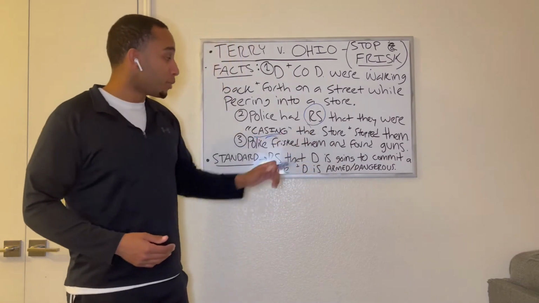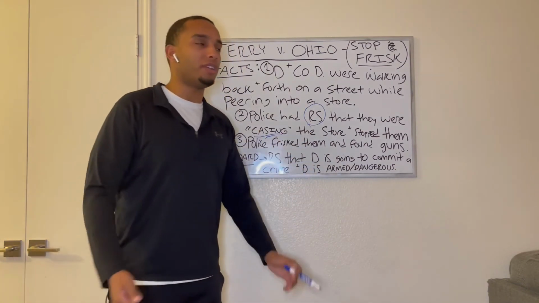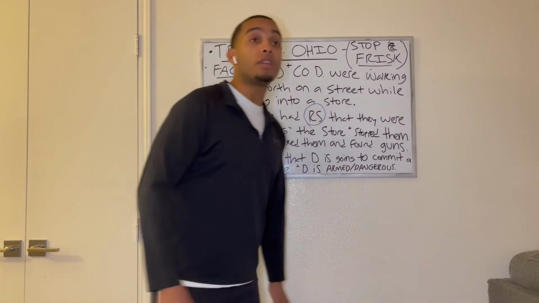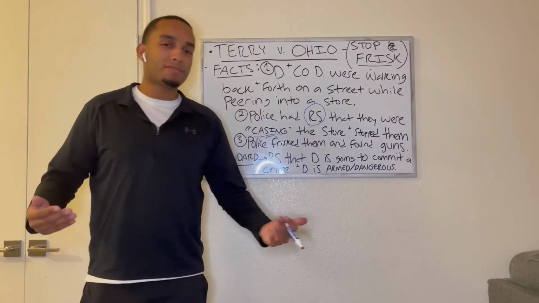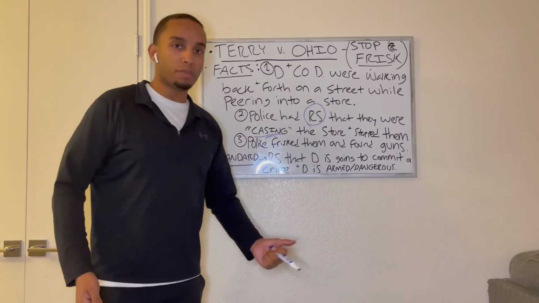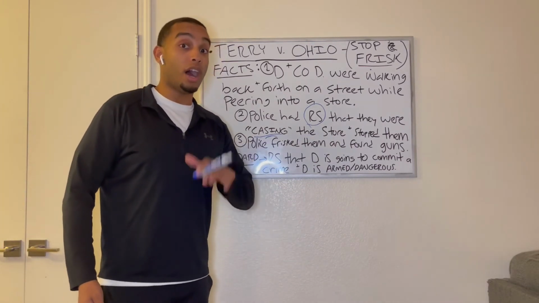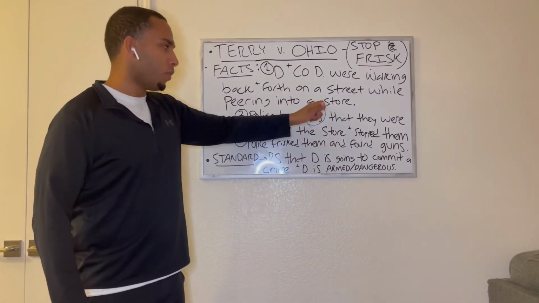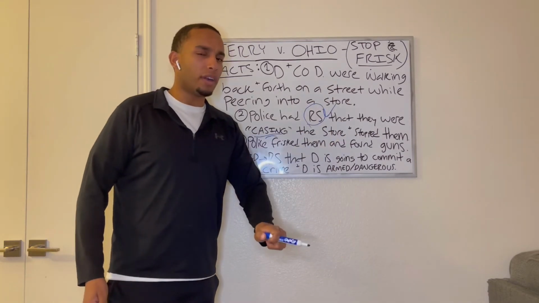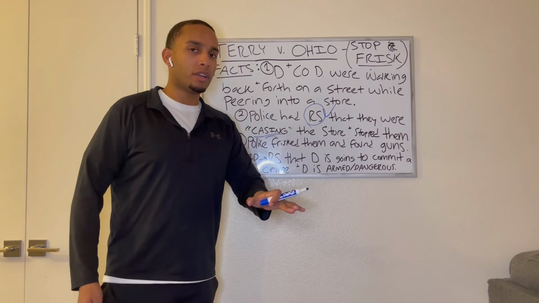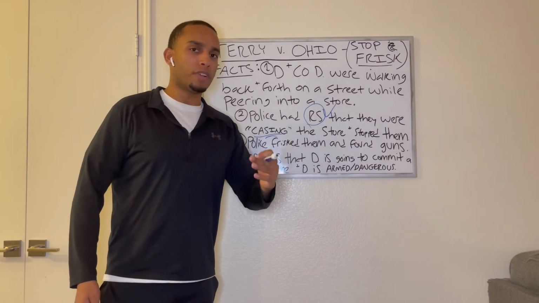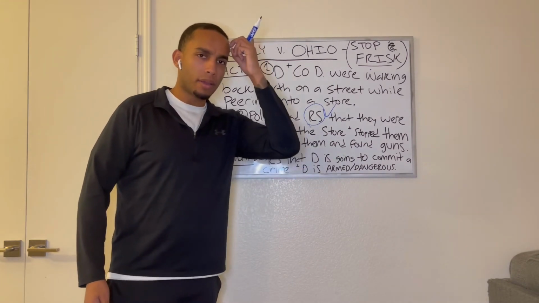He had a reasonable suspicion because I think it's pretty clear that if you're walking back and forth and you're peering into the store like this with your buddy, that will give a reasonable, prudent person in the officer's position the sense that there's some criminal activity happening here. I have some pretty good articulable facts that can support a reasonable inference that these guys are up to no good, okay?